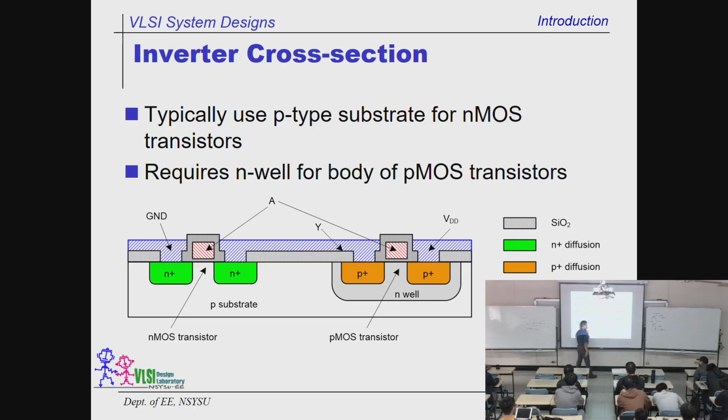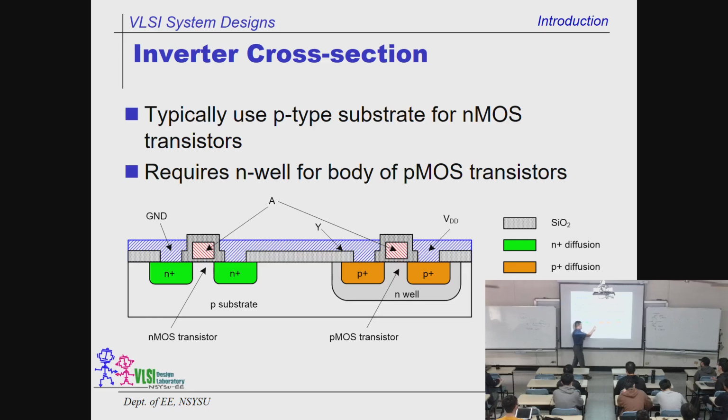And this well is considered the N substrate for the PMOS to be made. So the N transistor will be made and grown in a P substrate environment, and this is the other way around. The P transistor shall be grown and made in an N-well development.